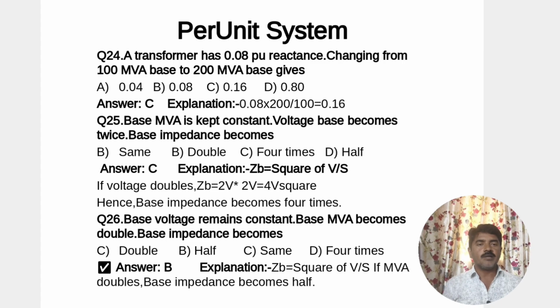So here is the same formula. ZB is equal to V square by SB. Here VB is constant. So ZB is inversely proportional to SB. So here MVA becomes double. Base impedance become half because both are inversely proportional. So B is the answer.